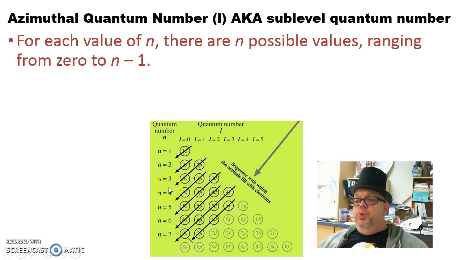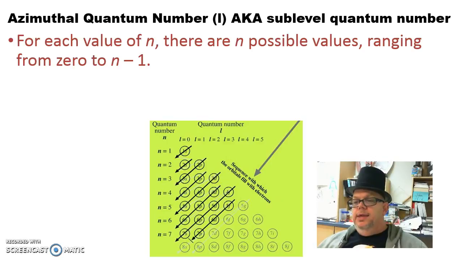Then we have level 3, where we've got 1, 2, 3, and level 4, 1, 2, 3, 4. And you're going to start noticing, if you look at this: 1s, I got it. 2s, 2p. 3s, 3p, 3d. 4s, 4p, 4d, 4f.